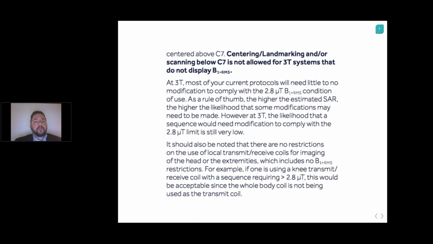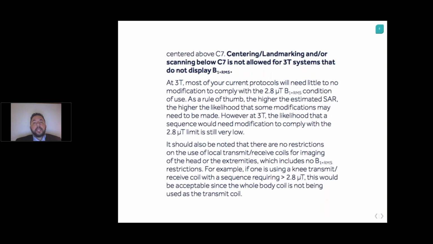At 3T, most of our protocols and all of the parameters that we've discussed in limiting and mitigating SAR absorption in our patients would not conflict in compliance with the 2.8 microtesla B1+RMS condition for use for this particular implant. General rule of thumb, stating from the manufacturer guidelines, the higher the estimated SAR, the higher the likelihood that some modifications would need to be made.